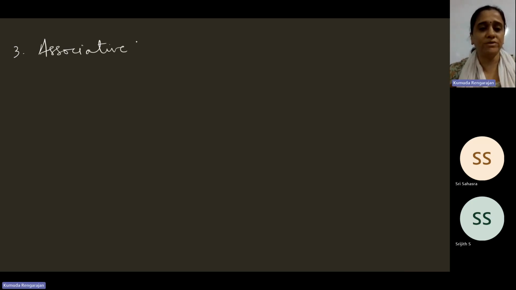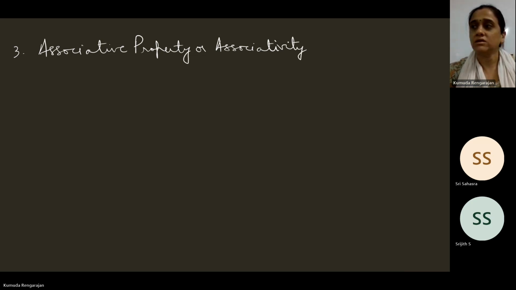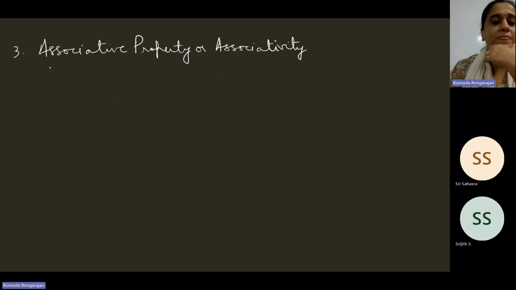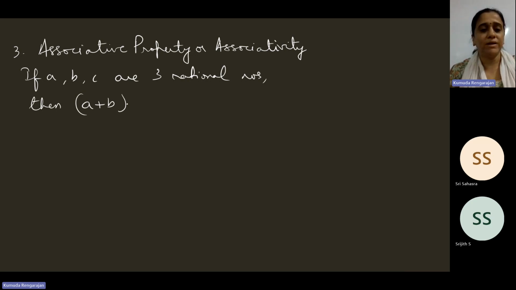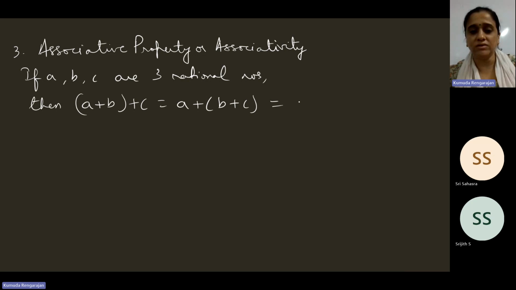Associative property, or associativity. If A, B, C are three rational numbers, then A plus B plus C is equal to A plus B plus C, which is equal to A plus C plus B. That is, you can group the rational numbers in any order.